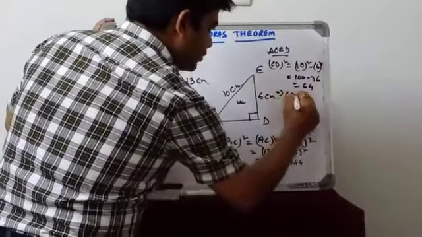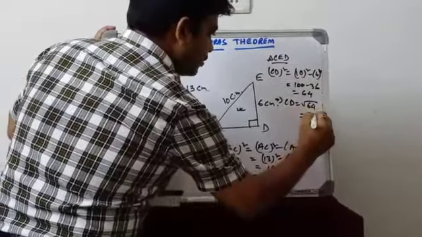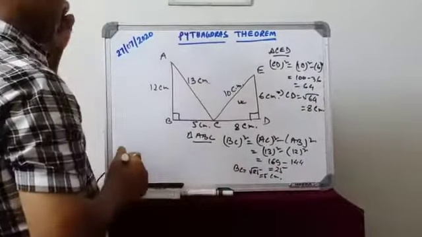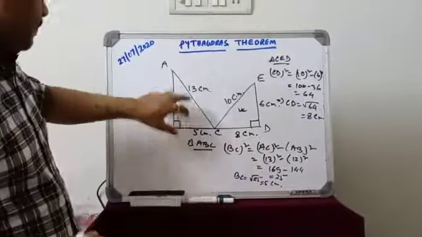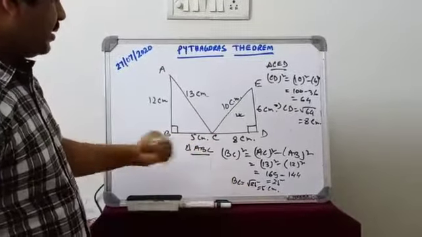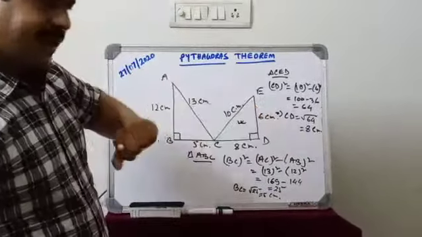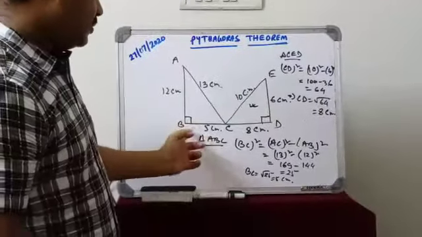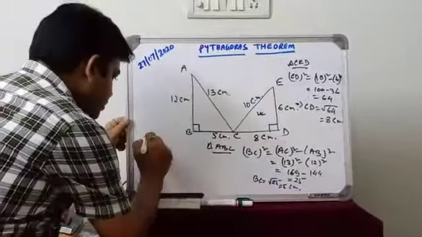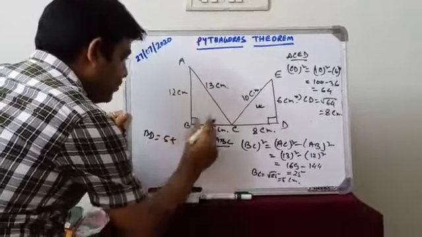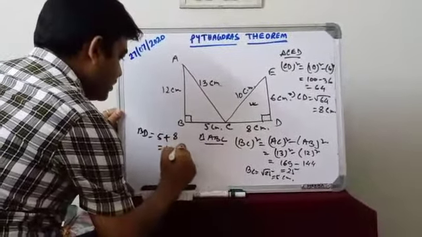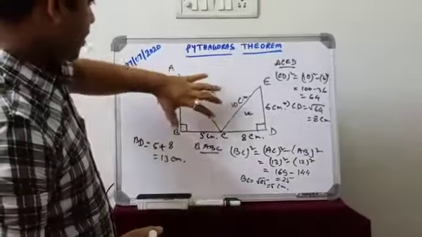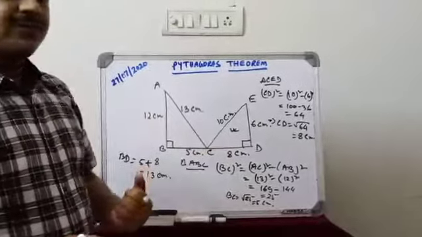So CD equals root over 64, which equals 8 centimeters. Now from this triangle BC is 5 centimeters, and from this triangle CD is 8 centimeters. If I join them, BC plus CD, I get the length of BD. So BD equals 5 plus 8, which is 13 centimeters. So by applying Pythagoras theorem, we learned how to find the length of BD.